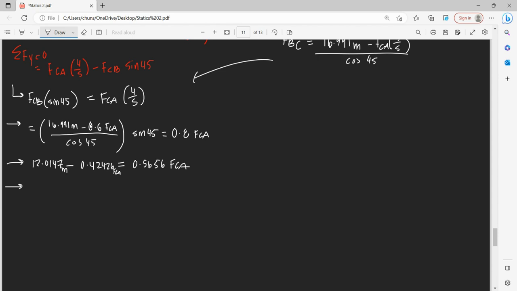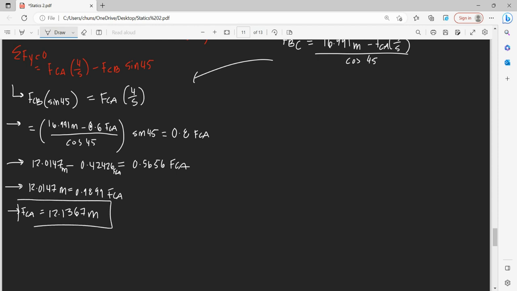You're going to get plus, so you have 12.0147 M equals 0.9899 FCA, and FCA is going to be equal to 12.1367 M.